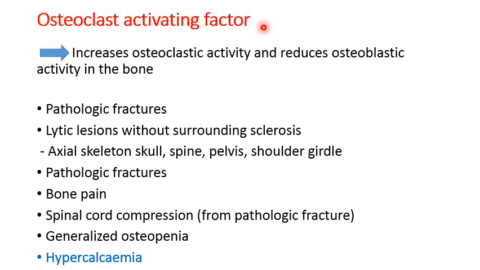The action of this substance is that it increases the osteoclastic activity and reduces the osteoblastic activity. Osteoclasts cause reduction of bone mass, and osteoblasts are responsible for the formation of bone.